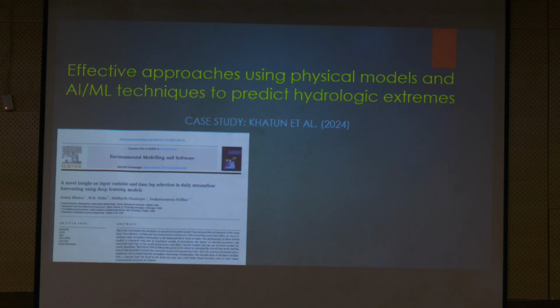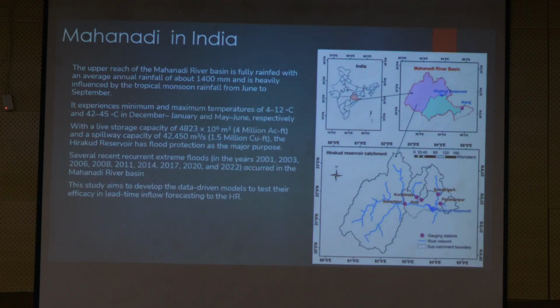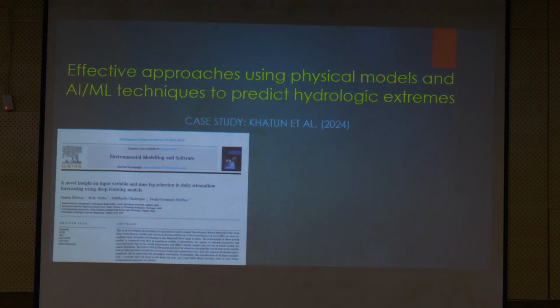Some of you might know the names that are well established in the field. Effective approaches using physical models and AI/ML techniques to predict hydrologic extremes. Mahanadi, as we all know. I am sorry if you are wanting to take a picture of this, but I think I posted this paper already in the day 3 folder. You can check that out. Okay.